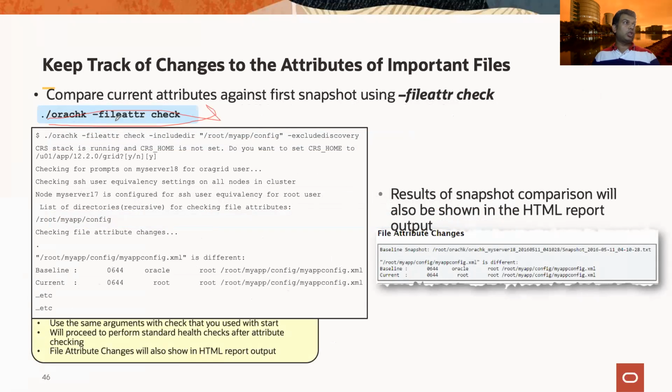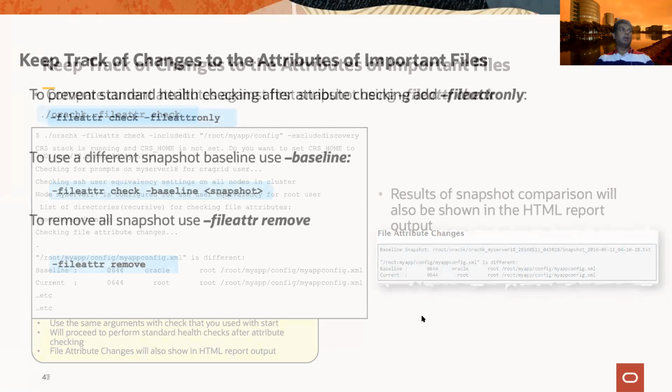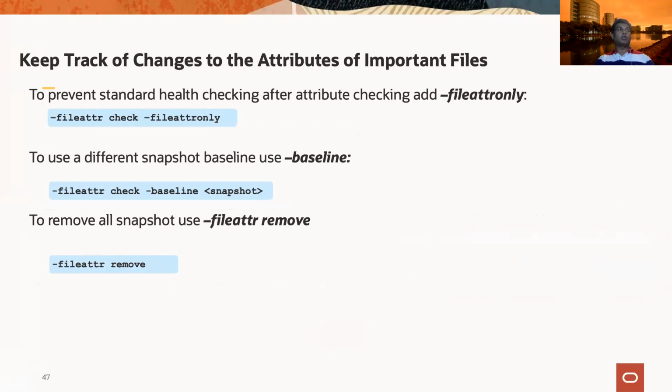When I do a file attribute check, it will tell me what is the difference, which files have changed, what permissions have changed, what users and groups have changed. And then I can store this. So tomorrow, if someone comes and tells me you didn't apply that patch properly, I can go back and see what the original file permissions were, what the new permissions are, and what's gone wrong in my environment. So this is pretty cool. This is how to check file attributes and how to basically create baselines for them.